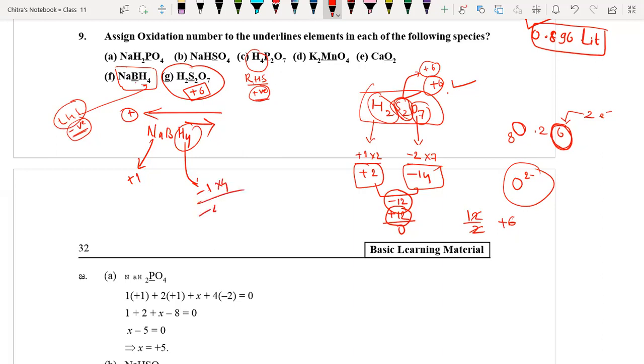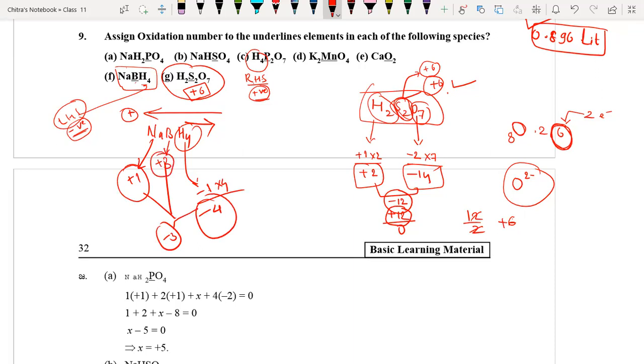Now we have -4. Again we compare +1 and -4, and we have -3. So boron will have +3 charge.